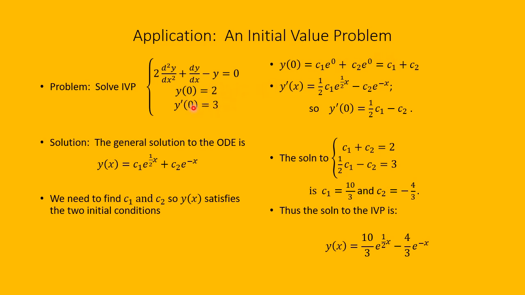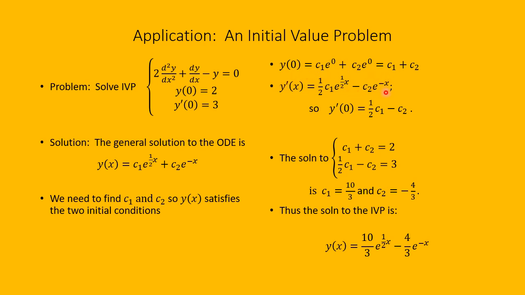Now what about this initial condition y prime of 0 equals 3? Well, what we have to do first of all is start with this formula for y of x and differentiate it to get y prime of x. When we differentiate it using the chain rule when necessary, y prime of x is a half c1 e to the half x minus c2 e to the minus x.